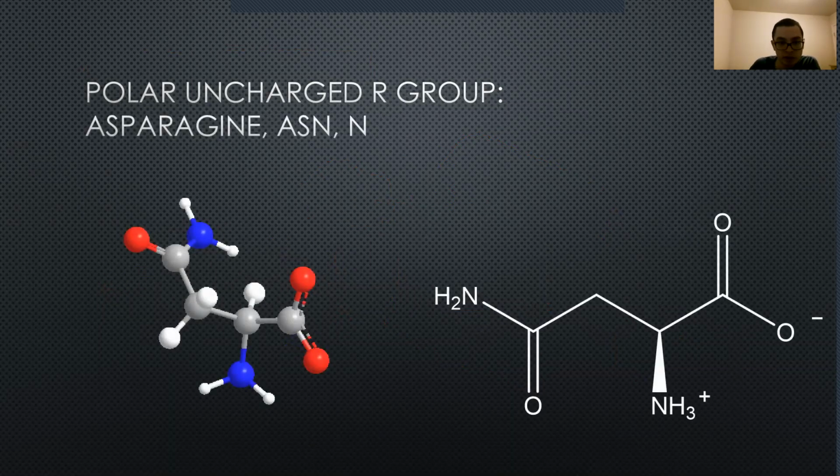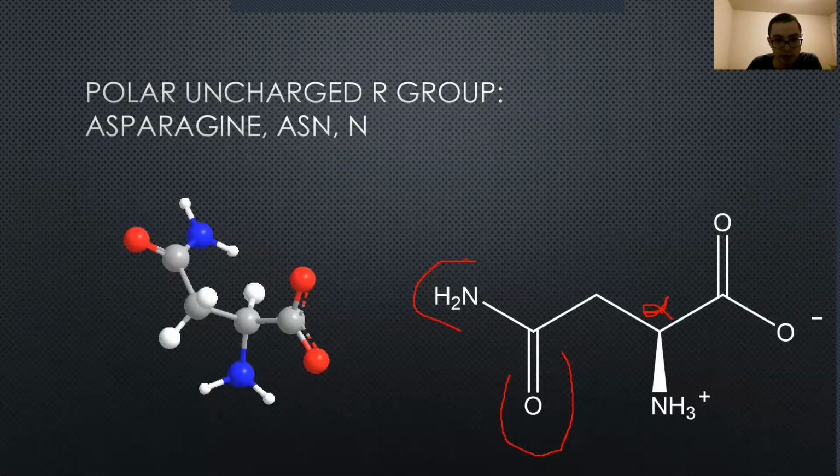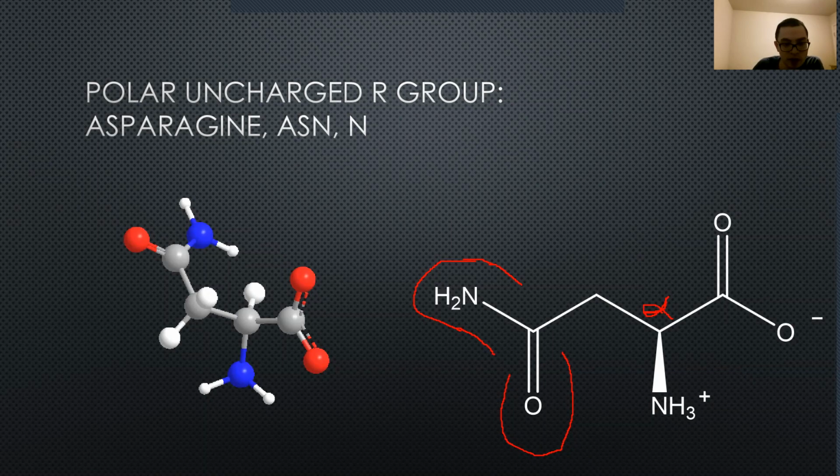All right, so what we have right here, this is our alpha carbon, right? This is carbon double bonded to oxygen. So this is a carbonyl, and we have an NH2 here. We know that the name of this structure, or we will know once we learn how to name more organic compounds, is known as an amide. Whenever you have a carbonyl next to an NH2 like this, it is known as an amide.